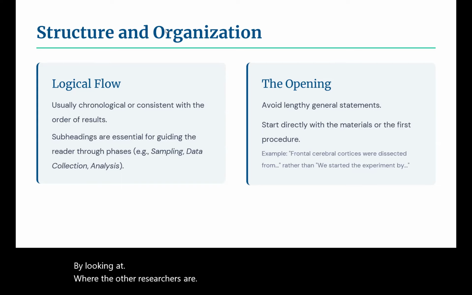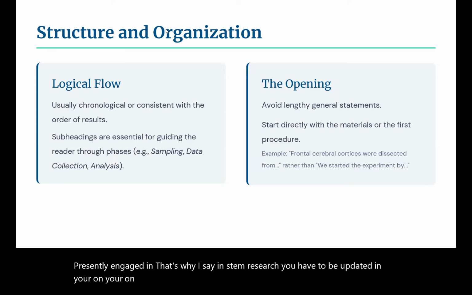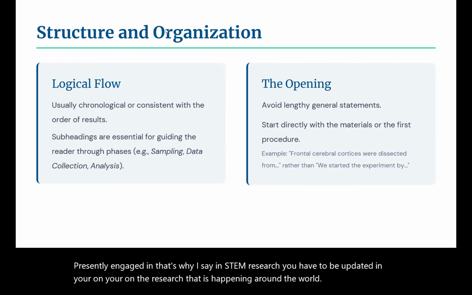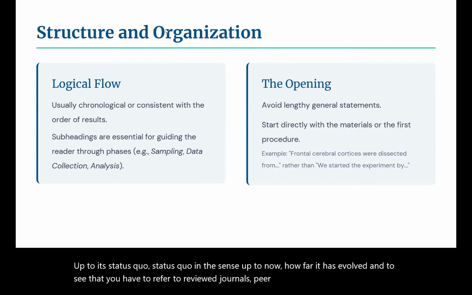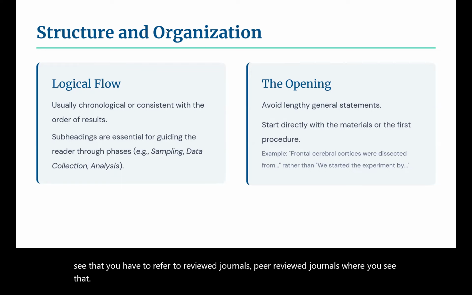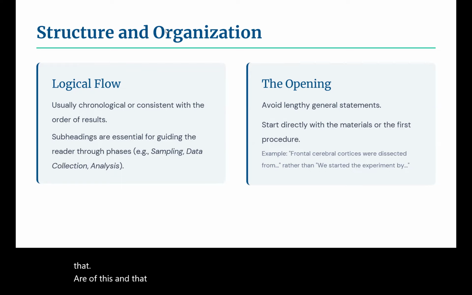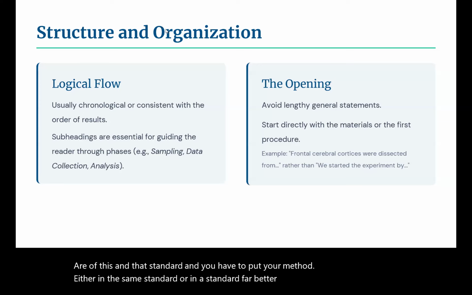That's why I say in STEM research, you have to be updated on the research that is happening around the world up to its status quo. Status quo in the sense up to now, how far it has evolved. And to see that, you have to refer to peer-reviewed journals, where you see that their methods are of this and that standard, and you have to put your method either in the same standard or in a standard far better than that. Thank you, Subhashini, for your inputs.